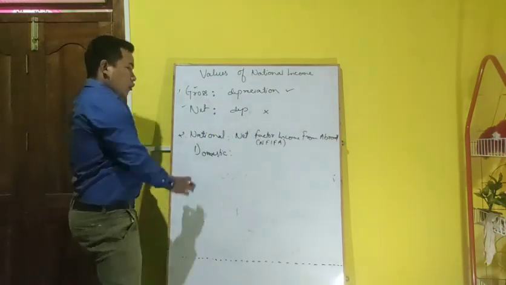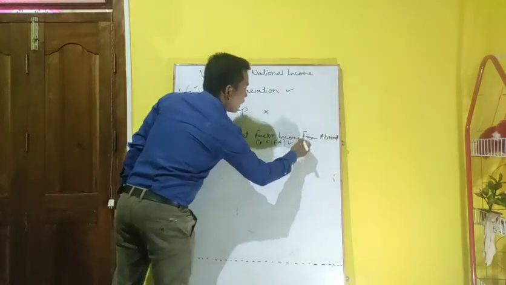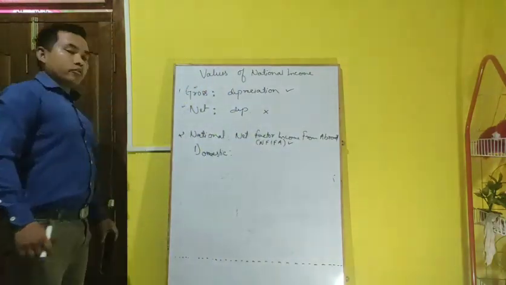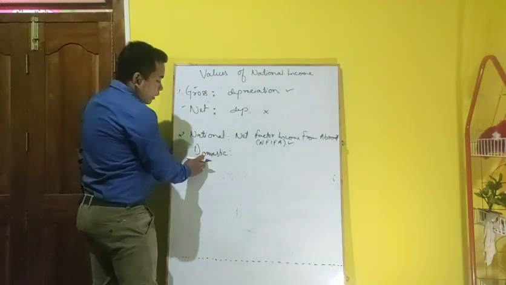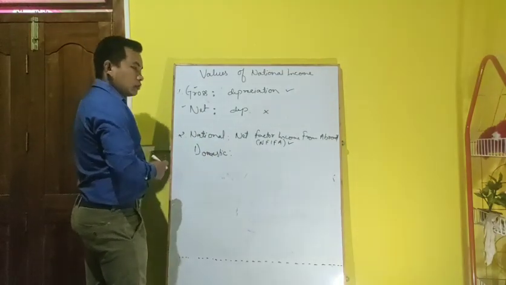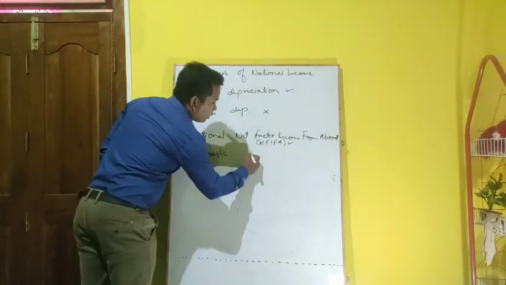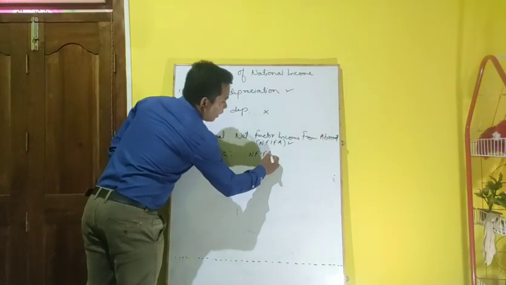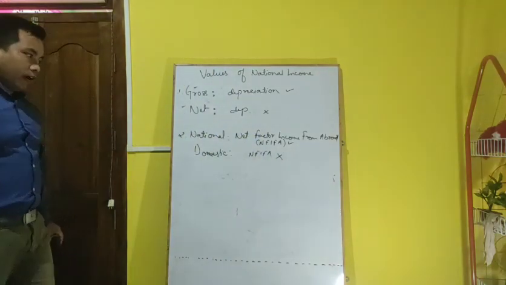Here, in the calculation of national value, we include the value of NFIFA, net factor income from abroad. On the other hand, the domestic value of national income refers to the calculation of national income where we don't include the value of NFIFA. Let me repeat, here we don't include the value of NFIFA.